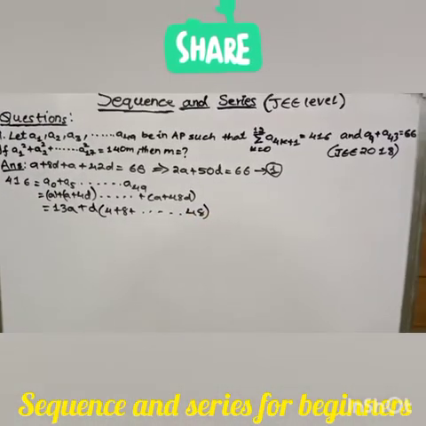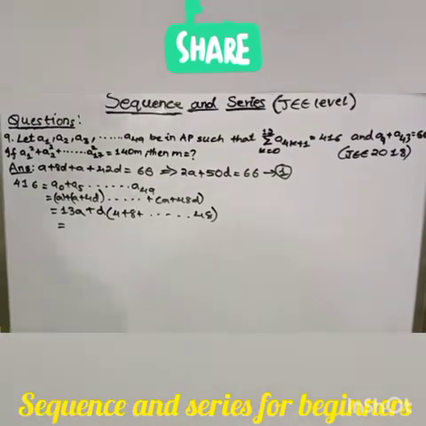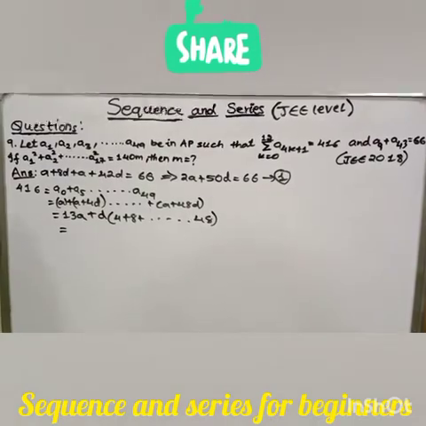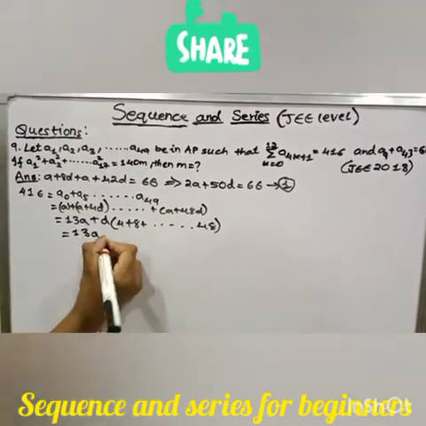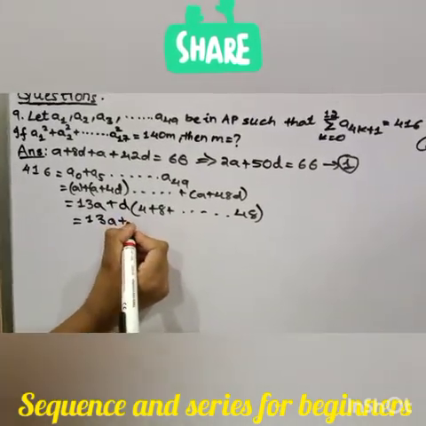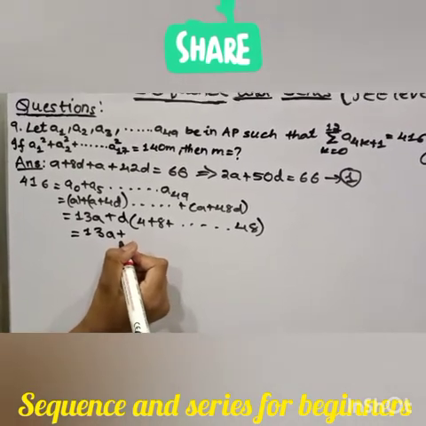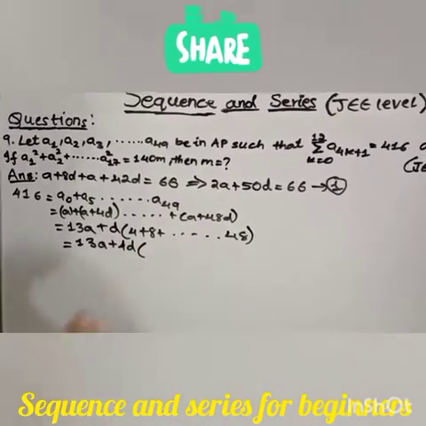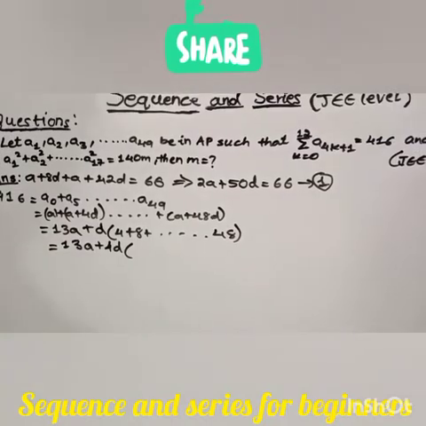You can take 4 common and it will just become 1 plus 2 plus 3 and so on until 12. So we get 13a plus 4d common, times 1 plus 2 plus 3 and so on until 12.